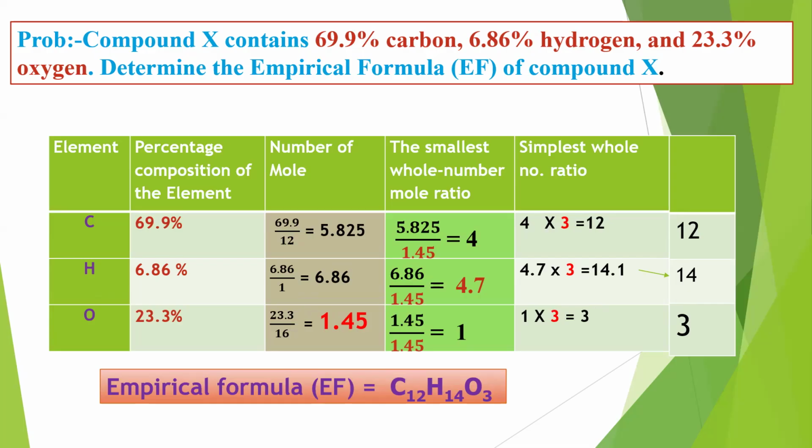Based on the percentage, percentage divided by atomic weight, then select the least value, 1.45, and divide by 1.45, then you will get 4, 4.7 and 1. Then you have to multiply with 3, then you will get the simplest whole number ratio.